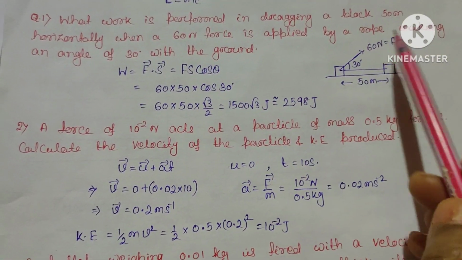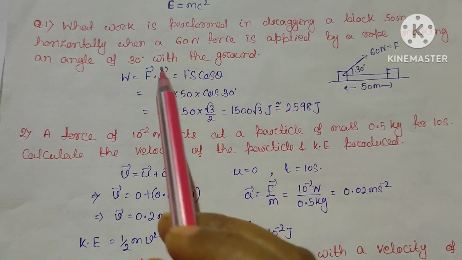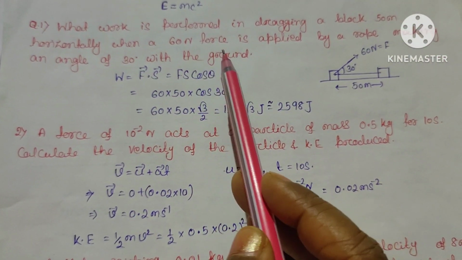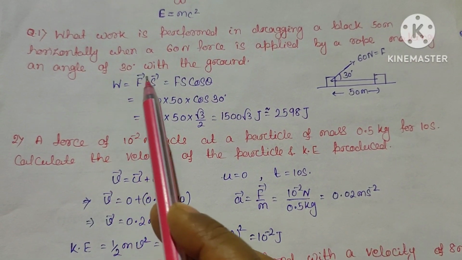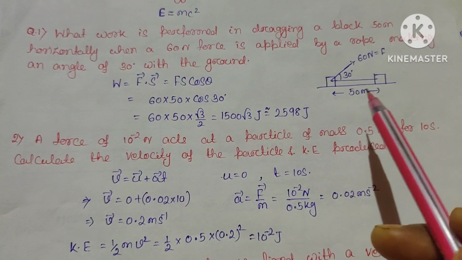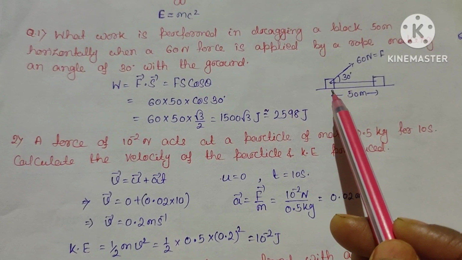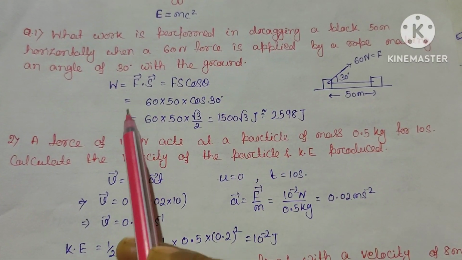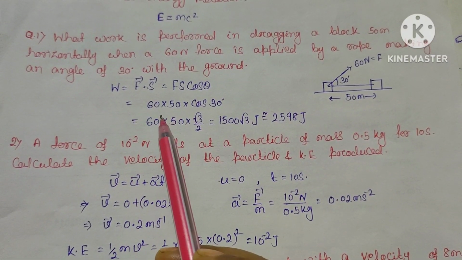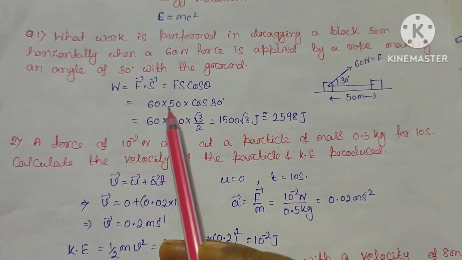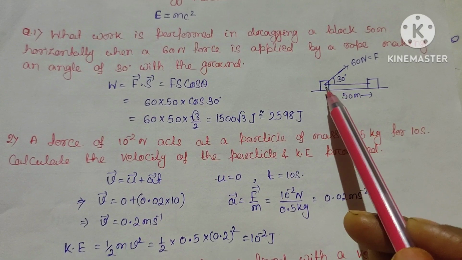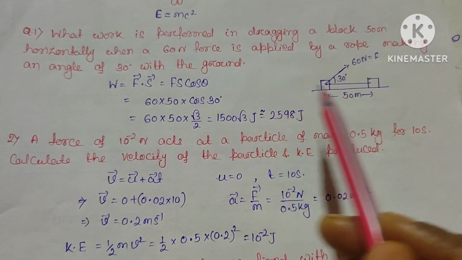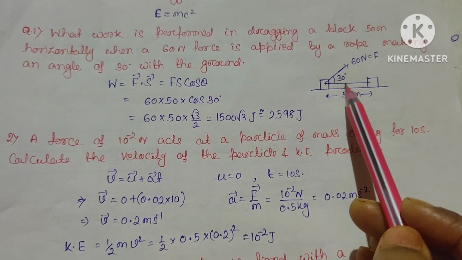What work is performed in dragging a block 50 meter horizontally when a 60 Newton force is applied by a rope making an angle of 30 degree with the ground? So it is given that the force applied is 60 Newton and it is displaced through 50 meter, and the angle is 30 degree.